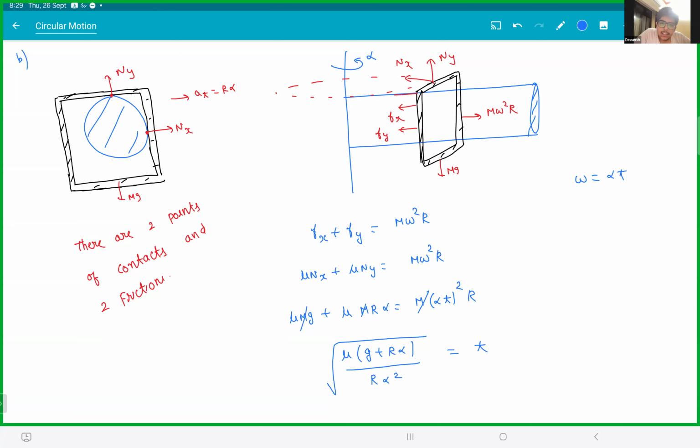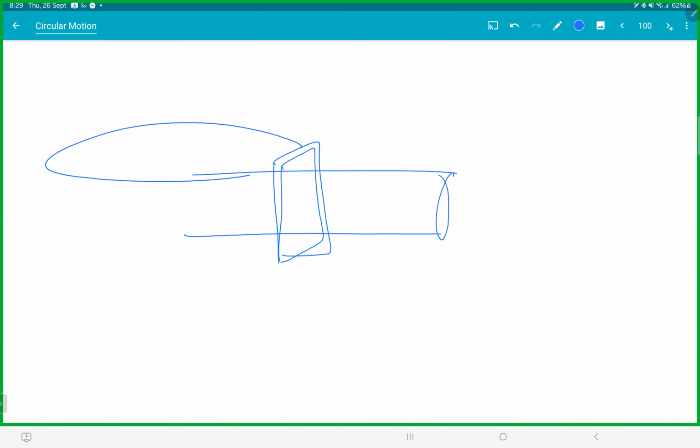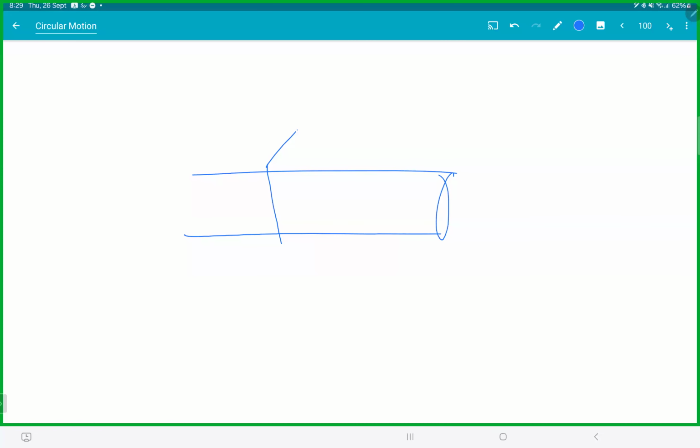Sir, could you explain the direction of Nx? Nx here, na? Look. If this is the ring there, this ring is going in a circle, right? Getting it? So this ring I'm not able to draw properly. It is like this. A ring will touch like this.